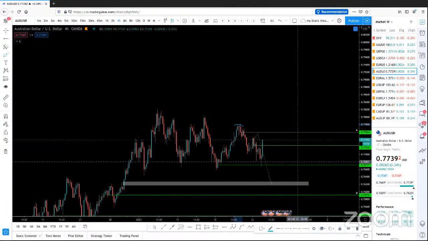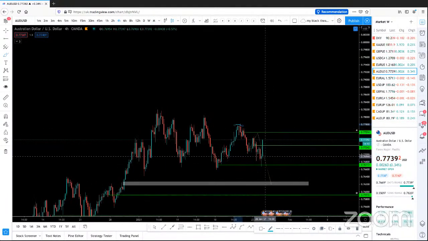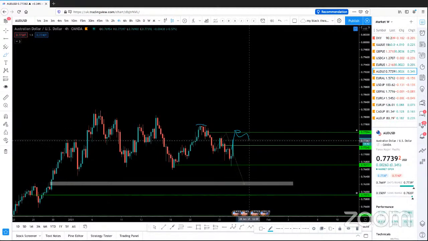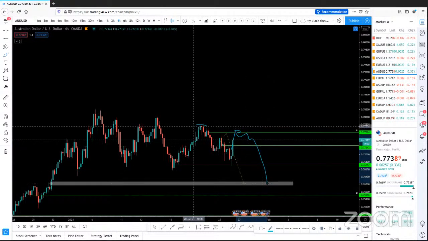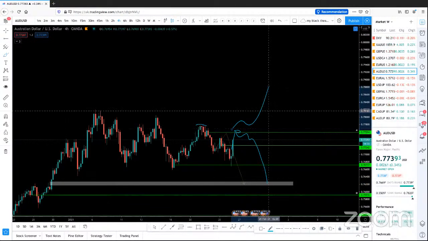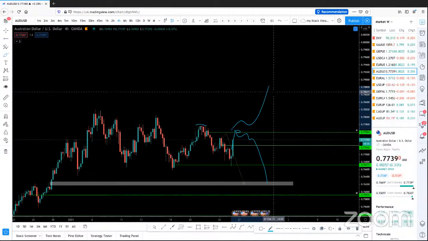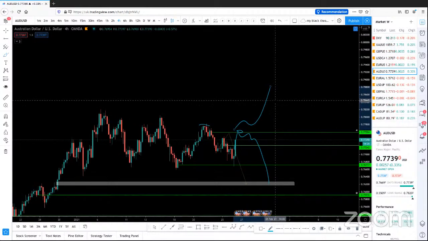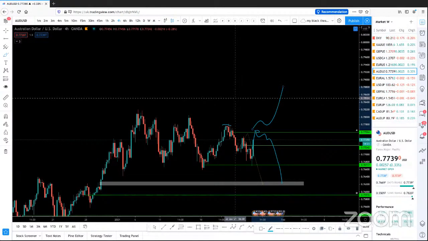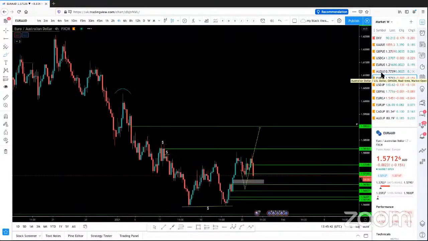So now I'm anticipating AUD USD to come up here and see some reactions, then possibly move lower toward this area. This is what I'm anticipating on AUD USD. If this high is violated, then we could anticipate more, initially up to 0.7084. So this is the move I'm anticipating on AUD USD.